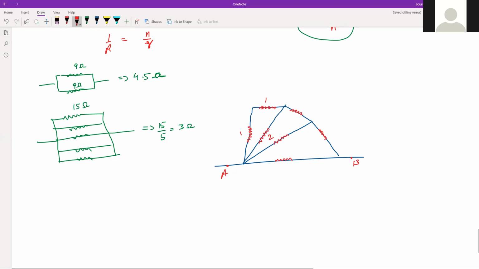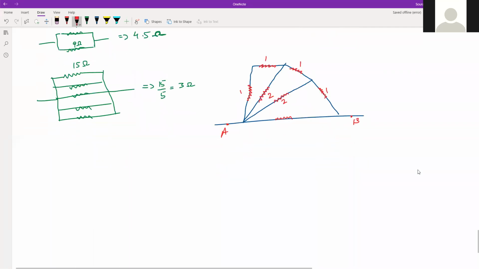Sorry, yeah, 2 ohms. This is 1 ohm, this is 2 ohms, this is 1 ohm. Okay, and suppose we have to find the equivalent resistance for this circuit. So now see this carefully, and suppose this is also 2 ohms. So we have to find what is RAB, the equivalent resistance between A and B.